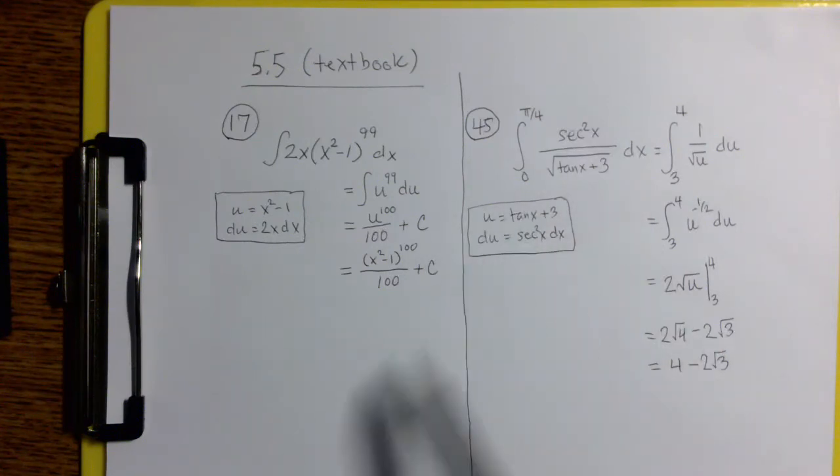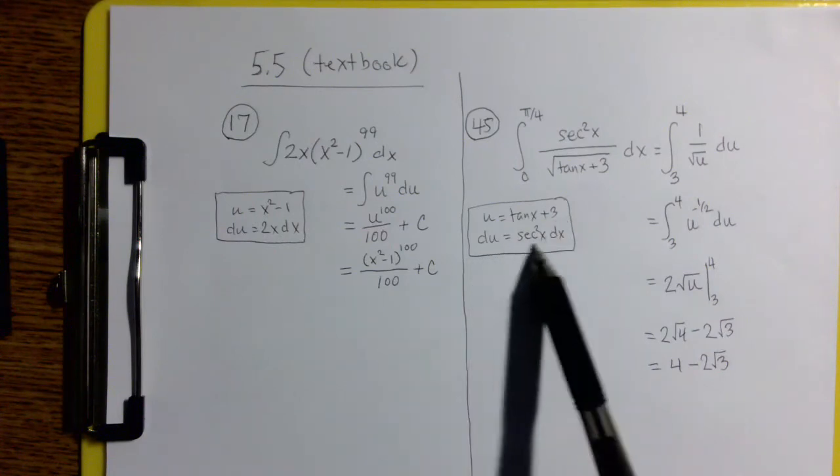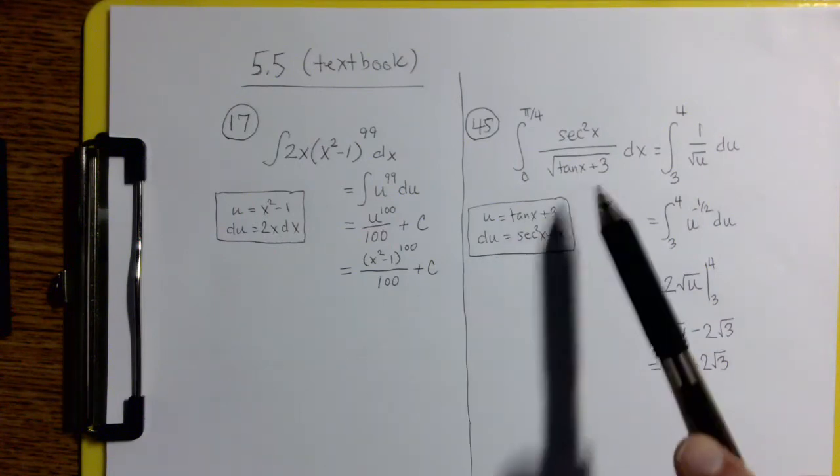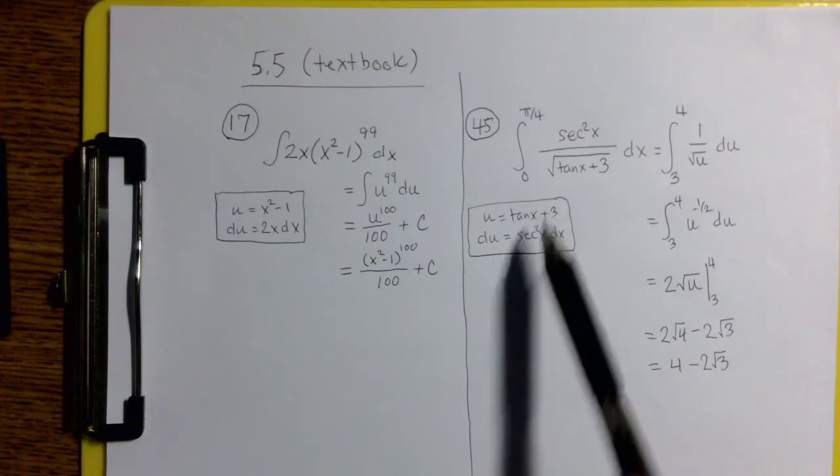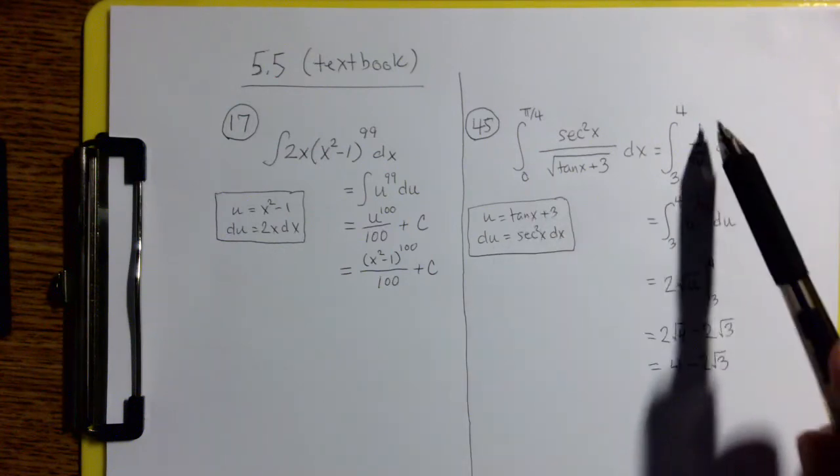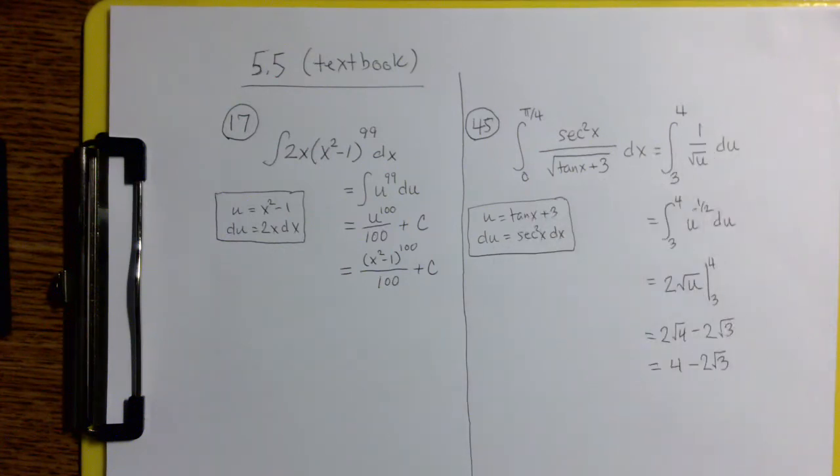So u is tangent x plus 3, du is secant squared x dx, and when we do those substitutions, we get a comparatively nicer integral to work with. It's just a power of u. It's a fractional power and it's a negative power, but it's a power of u.